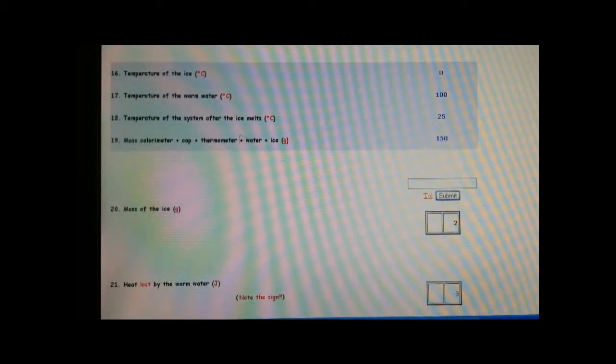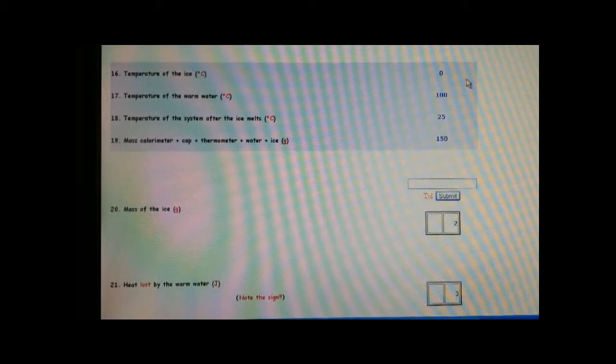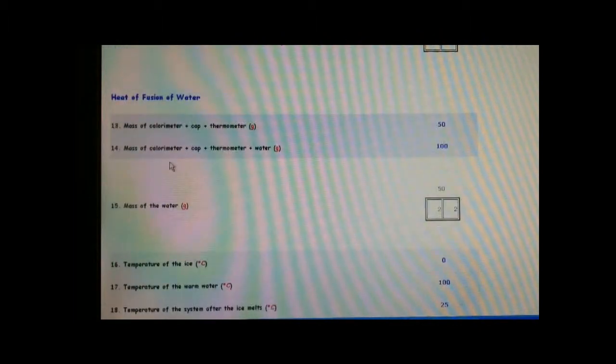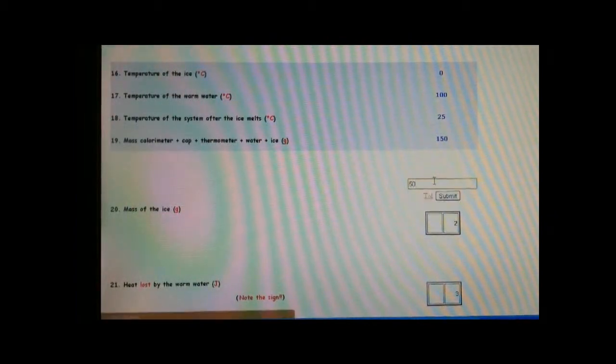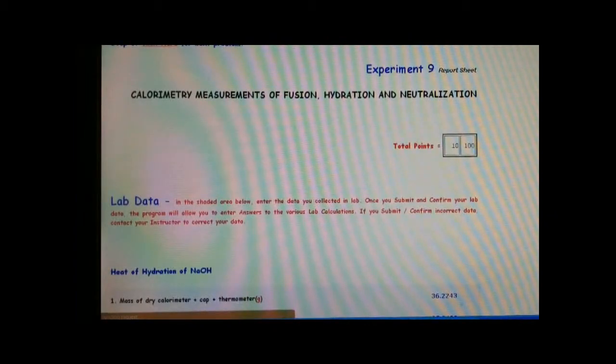We subtract the mass of the calorimeter and the warm water from the mass of the calorimeter, water and ice: 150 minus 100 leaves us with 50.